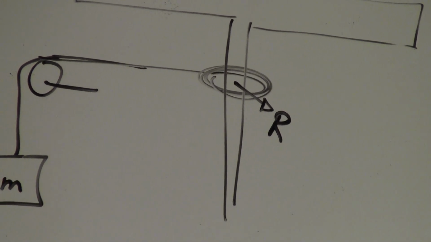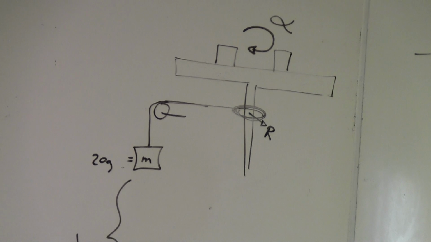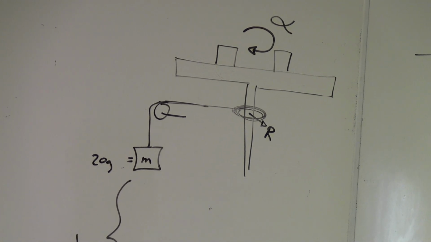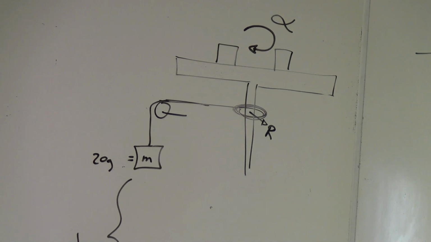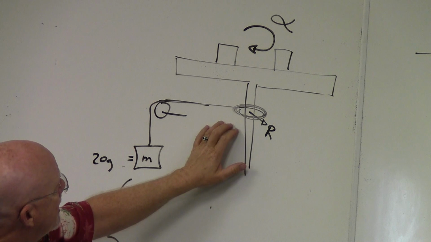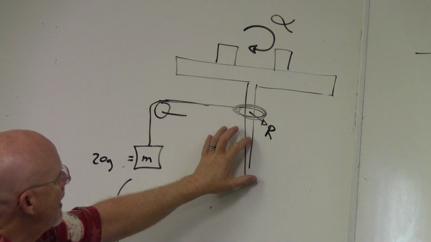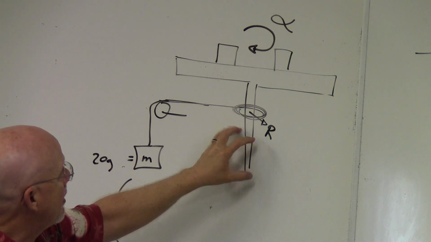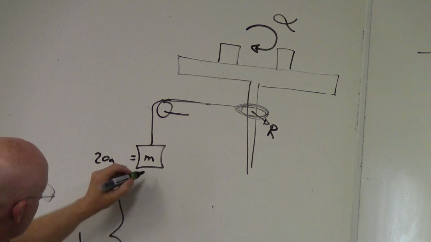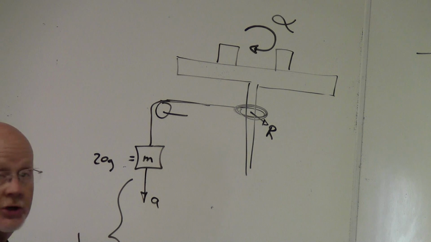And even though I haven't proven that equation to you, because there are so many other things I better show you, I think you can at least get a gut feeling. Yeah, that makes sense. There's a connection. Because the string is connected around a pulley of radius capital R, this capital R must be the mathematical connection between the angular acceleration and the translational acceleration.